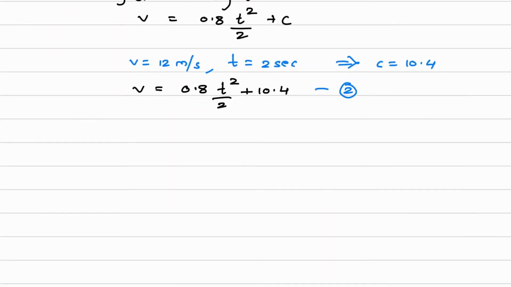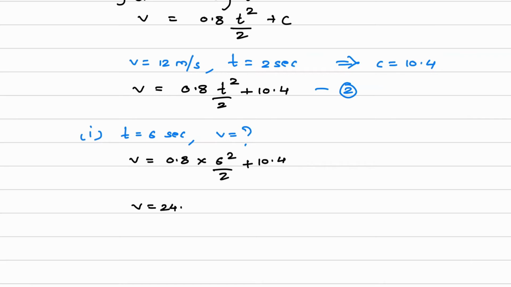So first part we will calculate at t equal to 6 seconds, what is velocity? So velocity is equal to 0.8 into 6 square by 2 plus 10.4. From here we can calculate velocity equal to 24.8 meter per second.